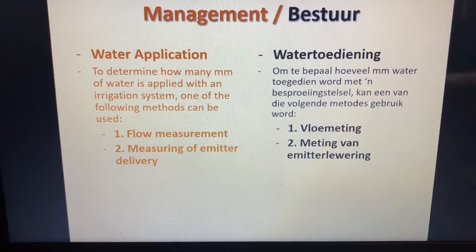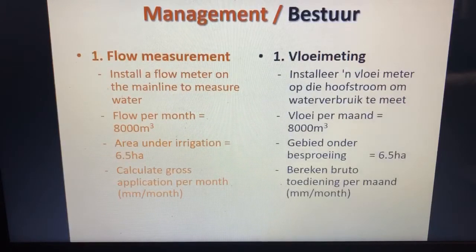So if you want to measure the water that you are giving at a specific time, there are two ways: flow measurement or measuring of emitter delivery. Flow measurement is where you install a flow meter on the main line to measure the water.